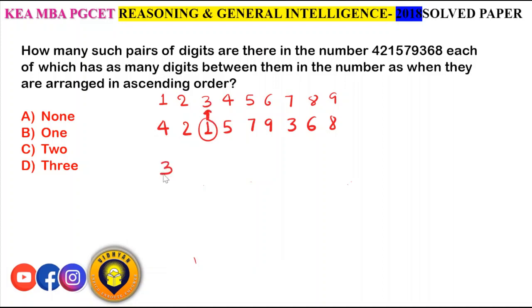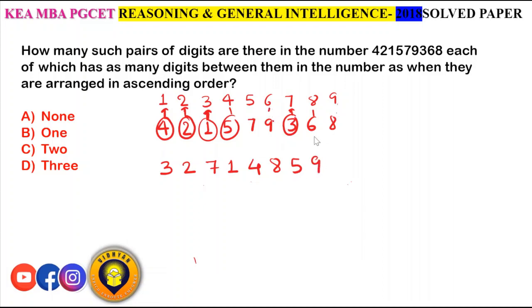So the first number will be 3 here. In the second place, it should be 2, but in the second place, which number is there? It is 2. Next should be 3, but in the 3's place, which number you are getting? 7. Next is 4. In the 4th place, which number you are getting? 1. Then is 5. In 5th place, there is 4. Then is 6. In 6th place, there is 8. Then in 7th place, there is 5. Then in 8th place, there is 9.